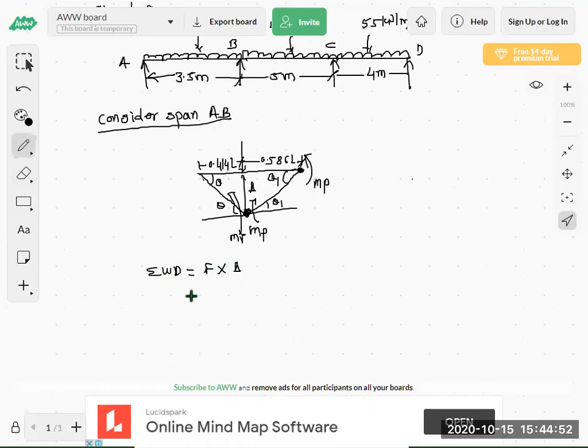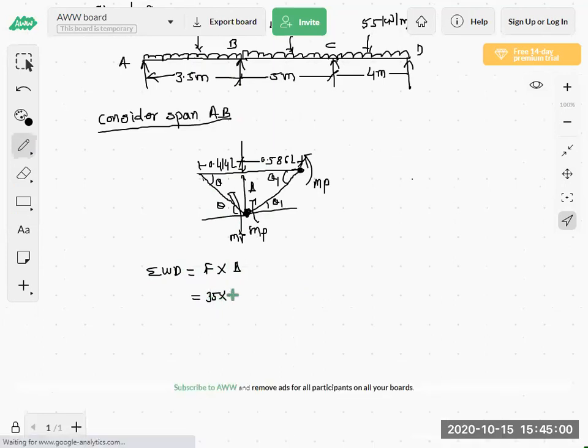The force here is nothing but the UDL that is given, so 35 into how much span? 35 into 3.5 divided by 2 is the force, into displacement. Here displacement is this length into rotation. The length is 0.414 L, and the rotation is theta.